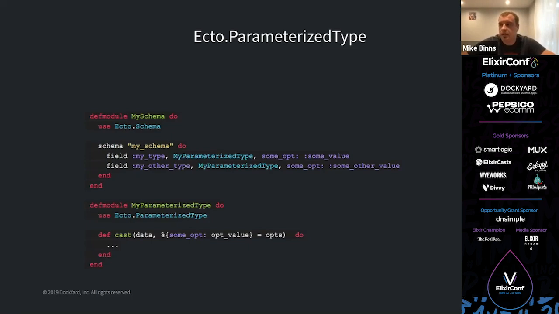And then you can see in the cast call that when you're writing your logic to cast, you can get that information. So if your options are different on different fields, you then don't have to create a new parameterized type for each one of your fields with those differences.